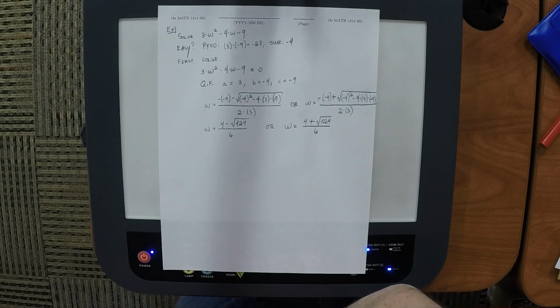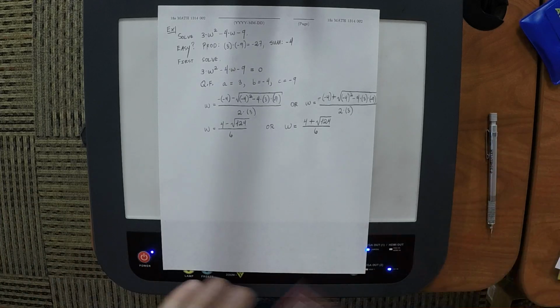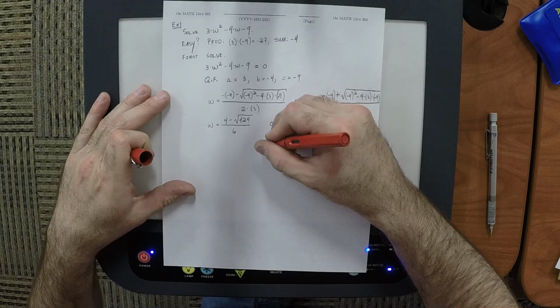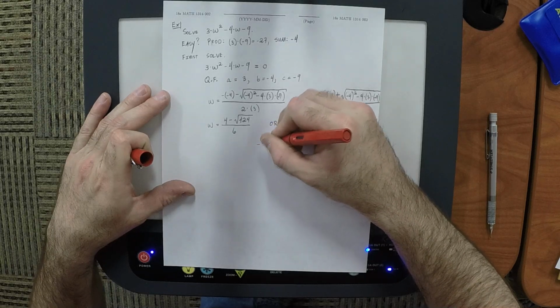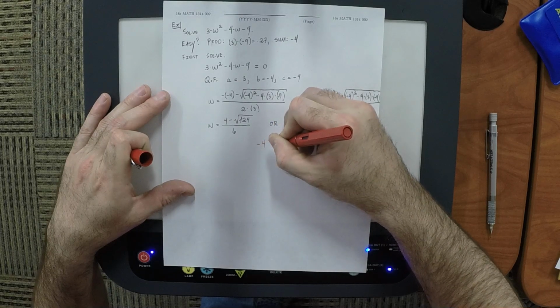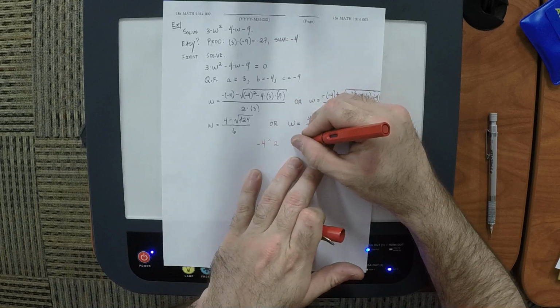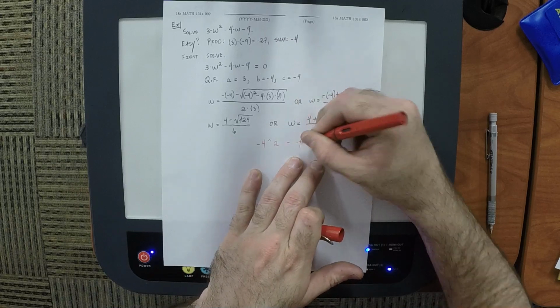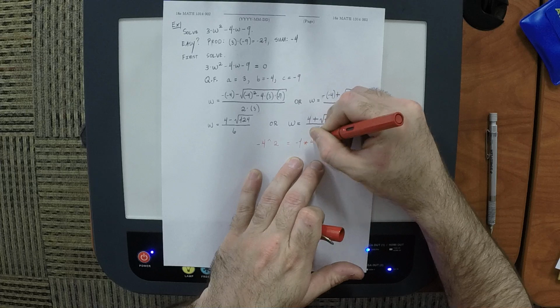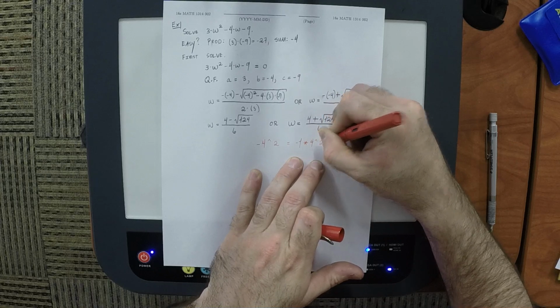Negative 4 squared minus 4 times 3 times negative 9. I got 92. That is because when you typed this into your calculator, negative 4 squared, your calculator interprets it to mean negative 1 multiplied by 4 squared.